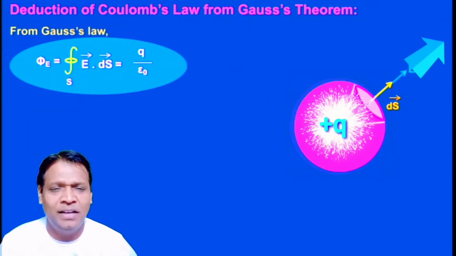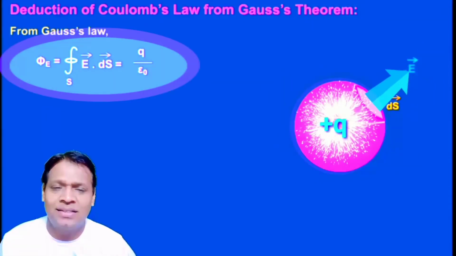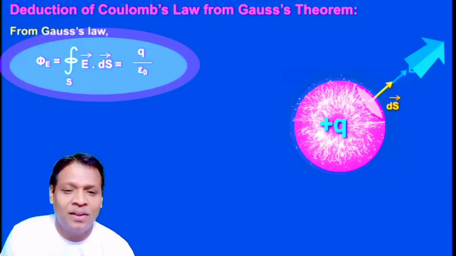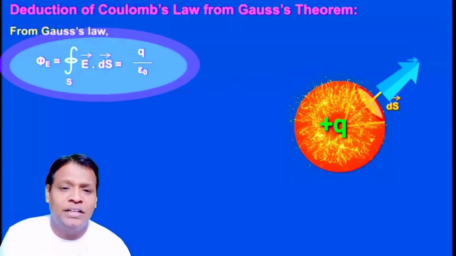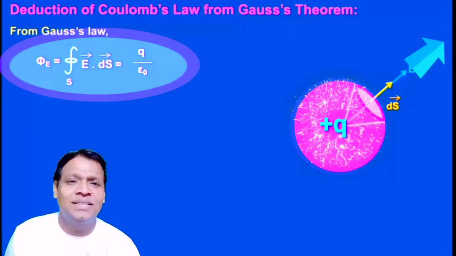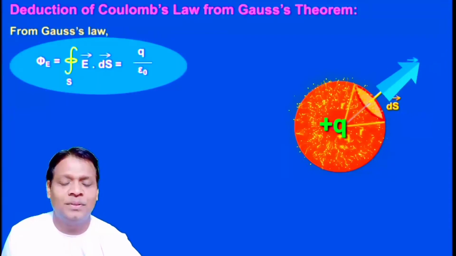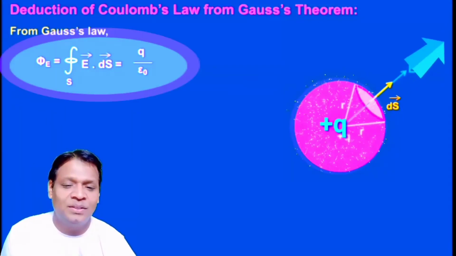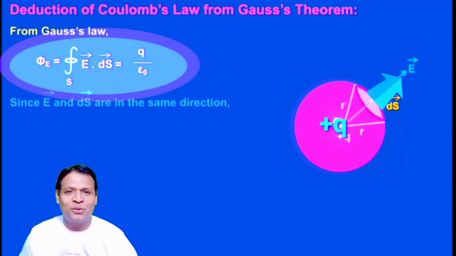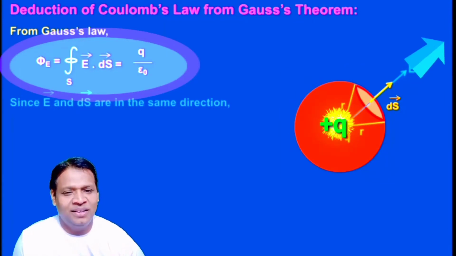Here one thing is very clear: there is only one charge placed inside the region. E vector and ds vector are in the same direction, so the angle between them is 0. Therefore the flux is given as the closed integral of E ds, which is equal to Q upon epsilon naught.